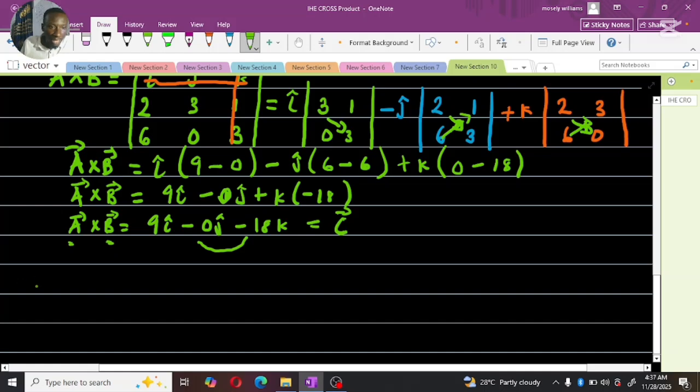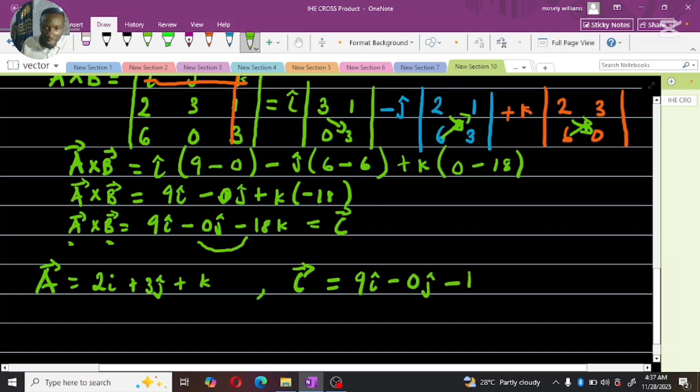So we have a vector A to be what? 2I plus 3J plus K. And we have a vector C now to be equal to 9I minus 0J minus 18K.